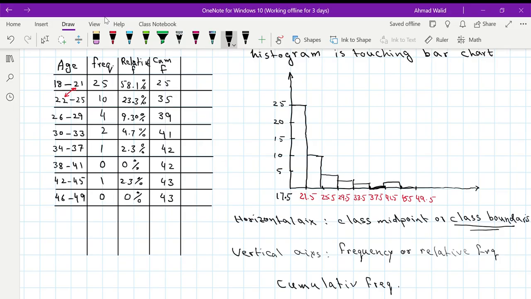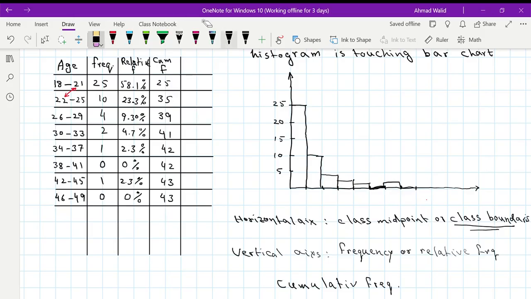Only what I do, instead of writing the class boundaries, you show the midpoints. And you know where your midpoints are, right?